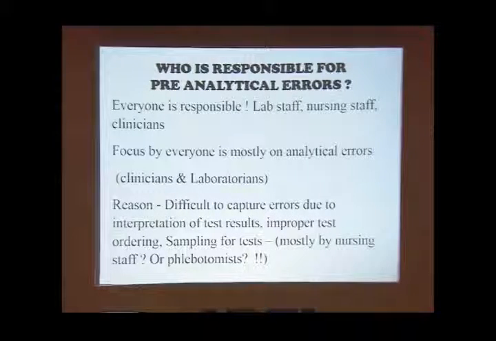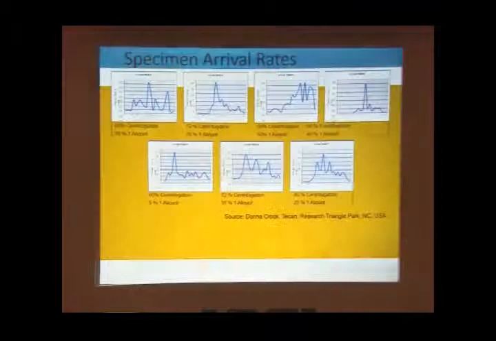But quite often, the error comes from the pre-analytical phase. So it is very difficult to capture where exactly the error occurred, and improper test ordering or sampling for tests, mostly by nursing staff or phlebotomists, everything gets blamed on the laboratory staff who does the actual test.